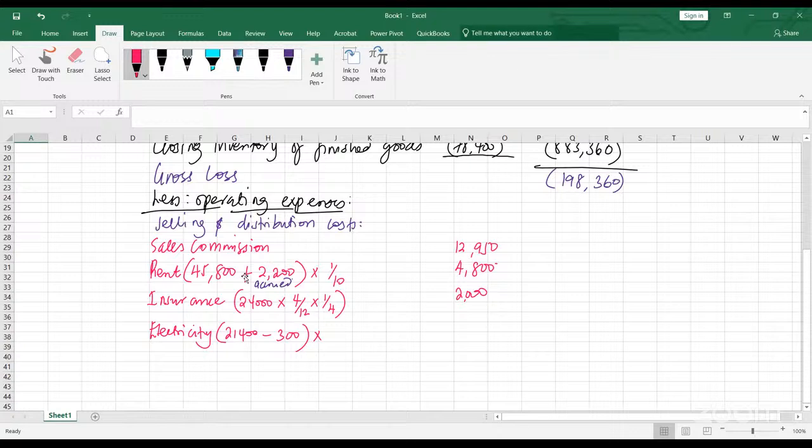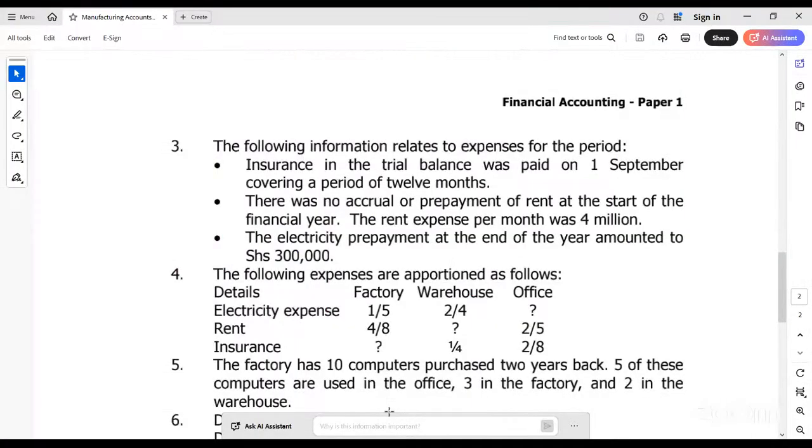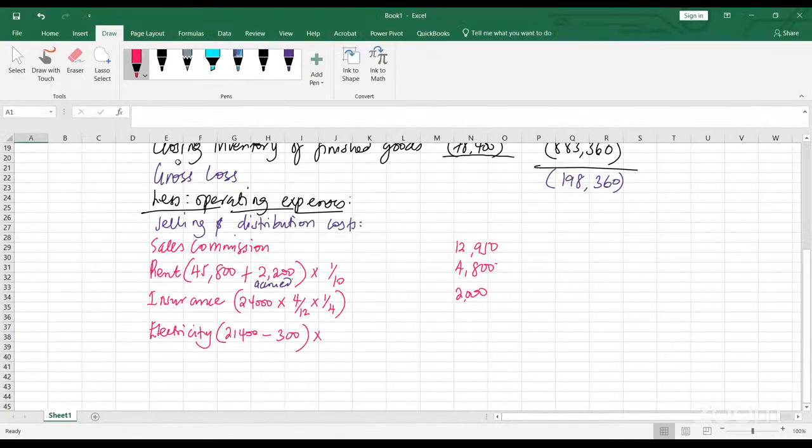Is it 2 over 4? Yes, times 2 over 4. Electricity, warehouse 2 over 4. Okay, let's get the answer. Electricity, Christine, let's compute for electricity.